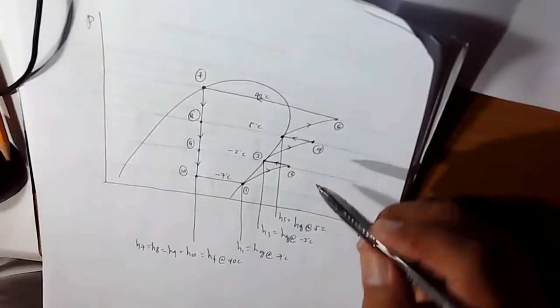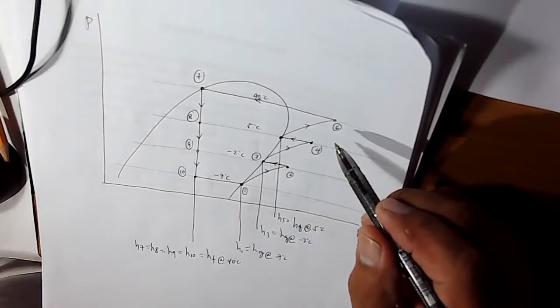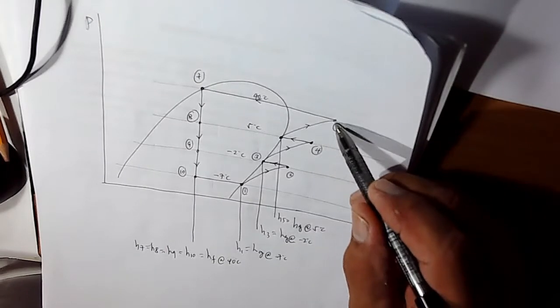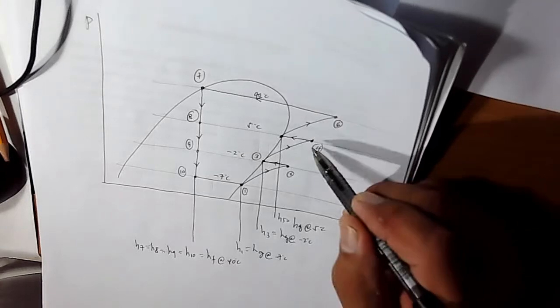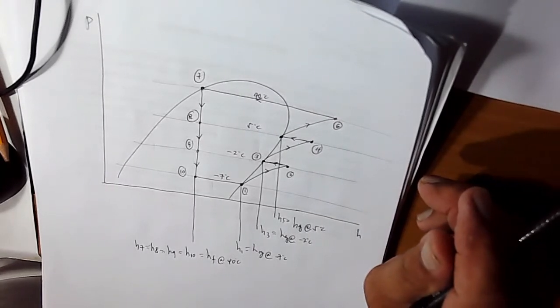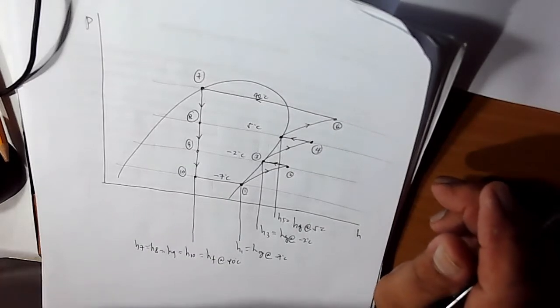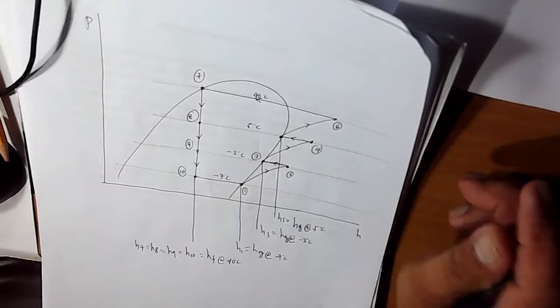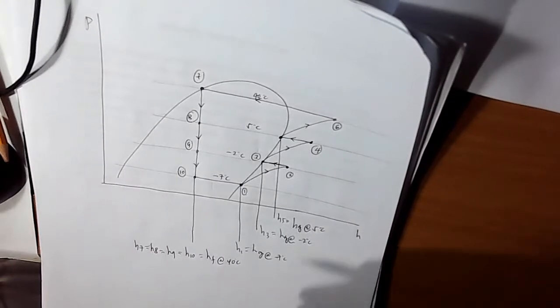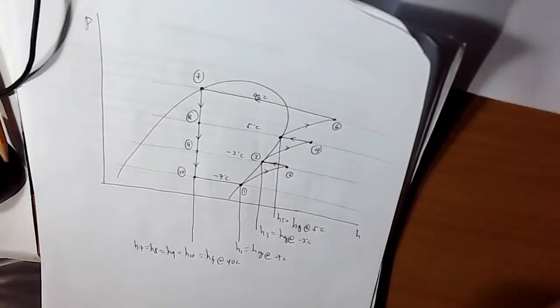But then you have only plus or minus 0.5 if you plot this, so that we don't have much difference in our answer later on. Okay, so after you determine all of those enthalpies, then you proceed with the solution.